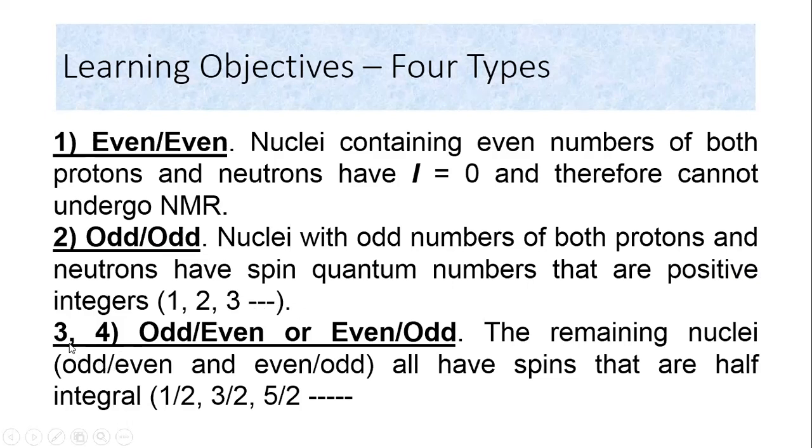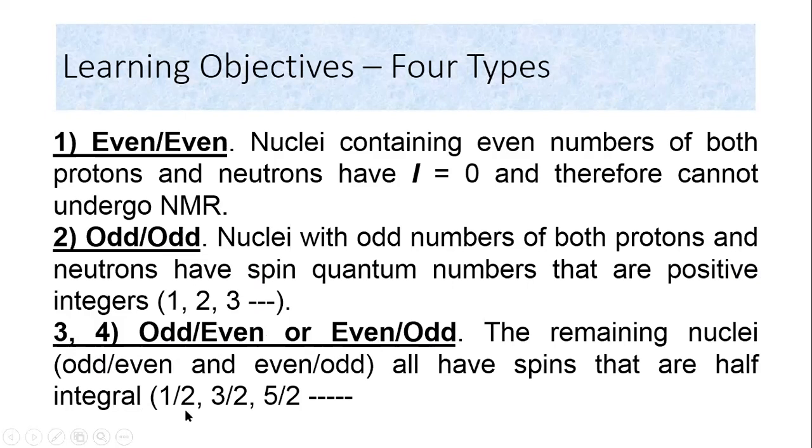There are two other combinations, 3 and 4, the odd-even combination or even-odd combination. That means either the neutron or the proton is odd and the other is even. Then all the spins will be half-integral.